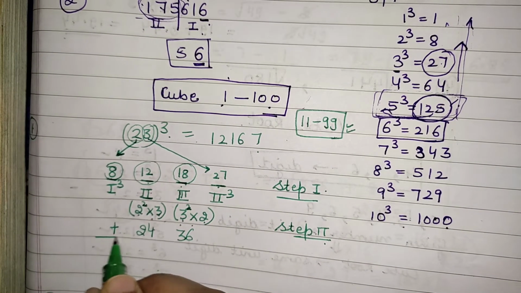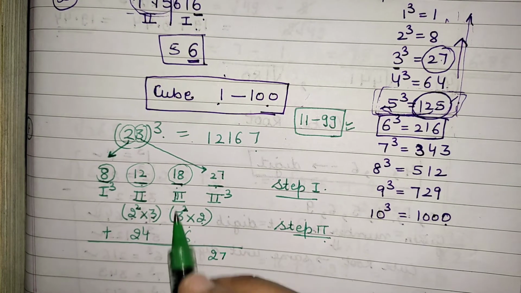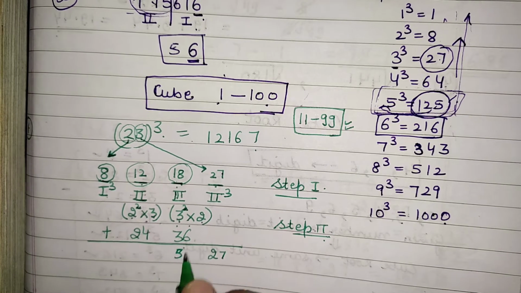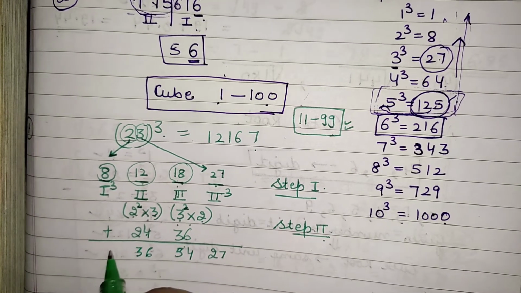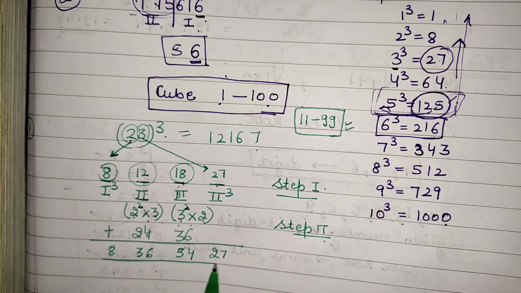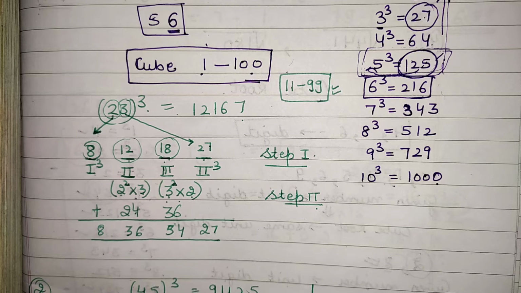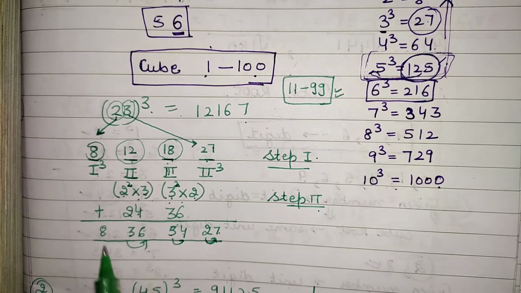Now do the addition. 27, and 18 plus 36 is 54. 12 plus 24 is 36, and 8. Now you know very well, as I have told you in my earlier videos also, that you cannot have two digits at a single place.